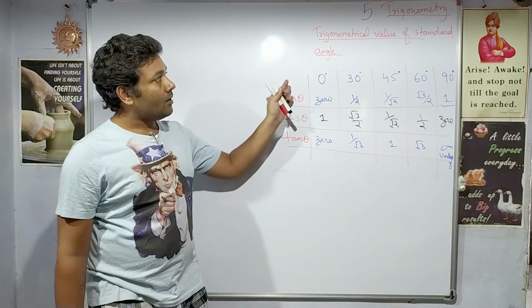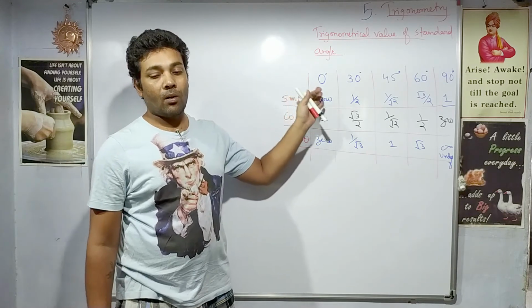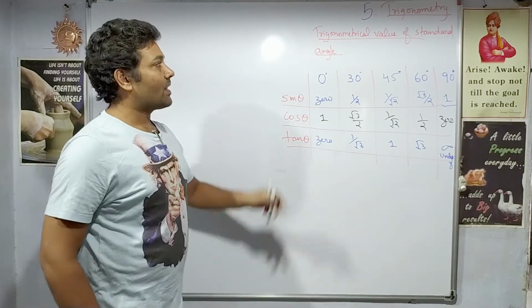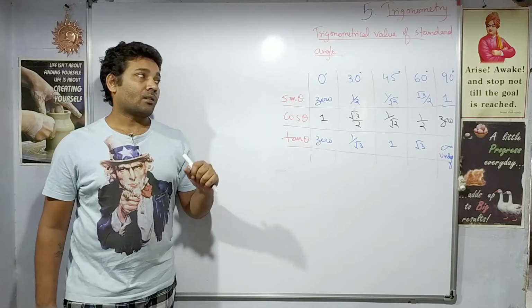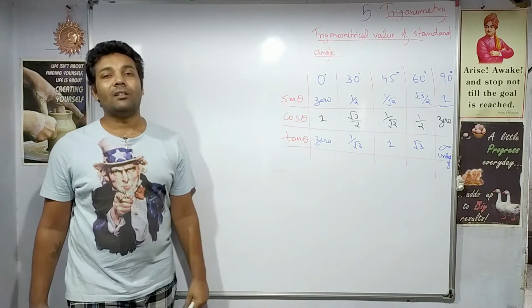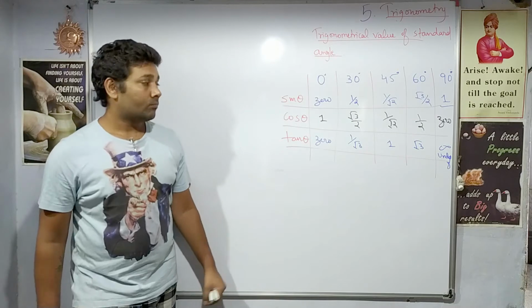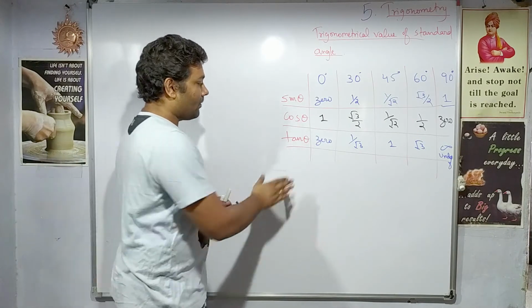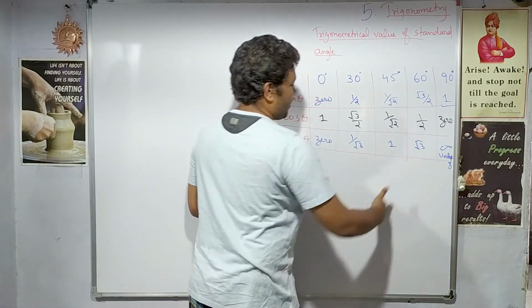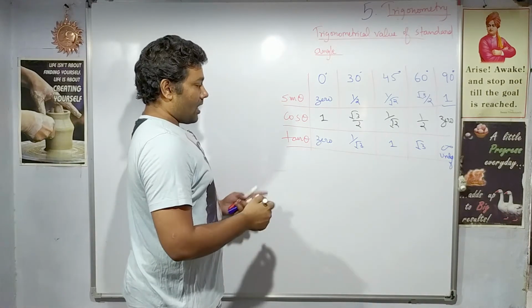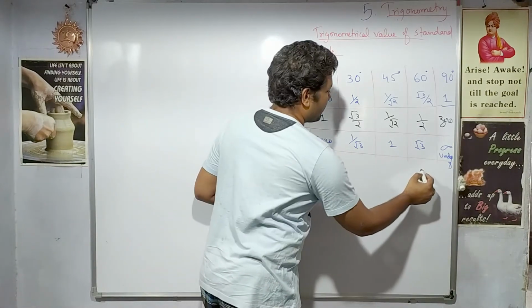So these are the trigonometrical values of the standard angles, or you can say trigonometrical ratios of standard angles. How did we get these values? You want to know? Let us see how exactly we got these values. To understand this, take this triangle.